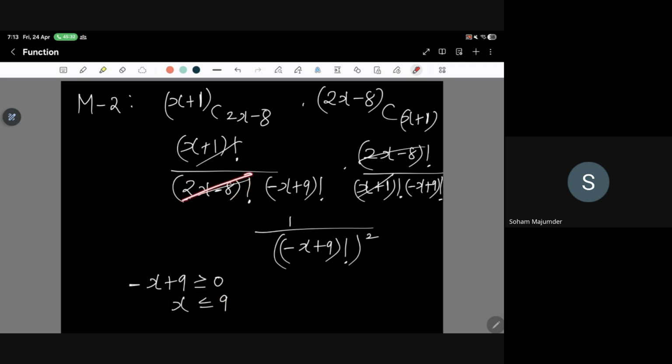Because we have directly cancelled out this thing. From here also you have to check. Suppose as per this I take x equal to 3. So x equal to 3 will satisfy this, but will it satisfy this factorial? 3×2 is 6, minus 8, is −2 factorial. So you have cancelled −2 factorial with −2 factorial, but −2 factorial is not valid.